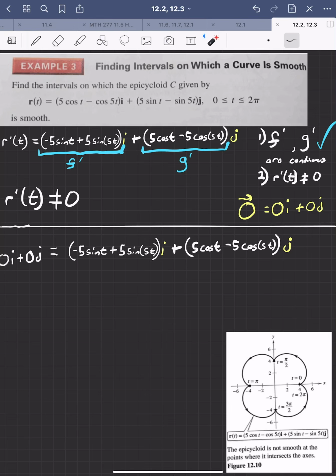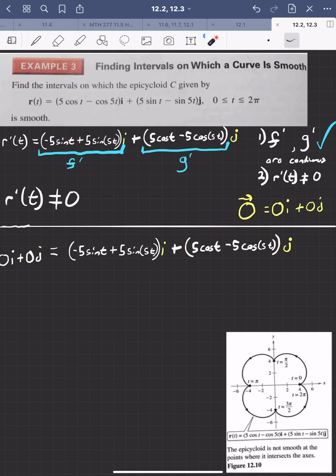In essence, we're going to set each component equal to 0. I take this i component and set it equal to this i component, and then I take this j component and set it equal to this j component. So I am just setting the components equal to 0.